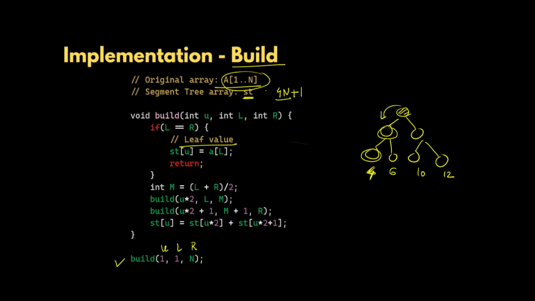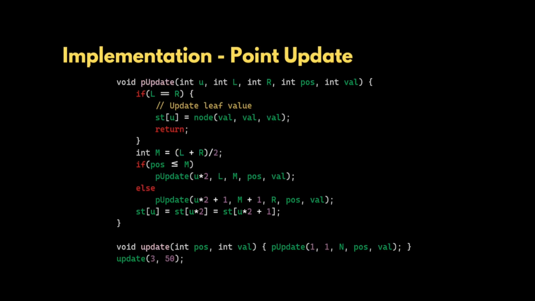Whenever we reach a leaf node, we'll update the segment tree node with the value in the array at this index. So 4 will be initialized first, then 6, 10 and 12, and then the merging operation is going to happen. This value will be updated with 4 plus 6, 10. This will be updated with 10 plus 12, 22, and the root will be initialized last, which is 32. This is how the build function looks.